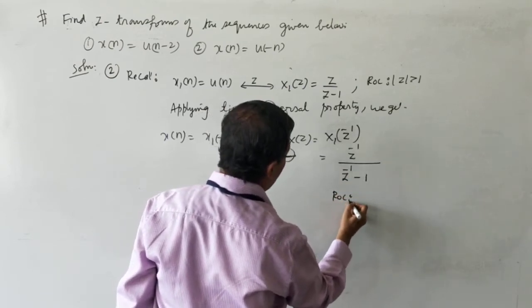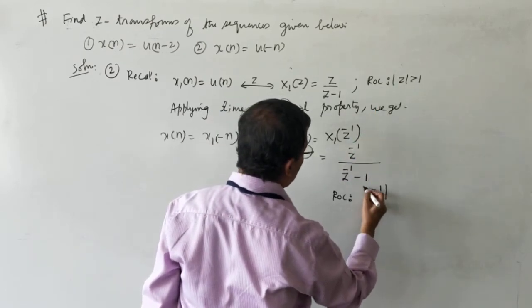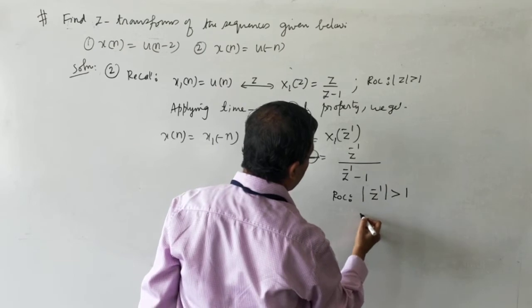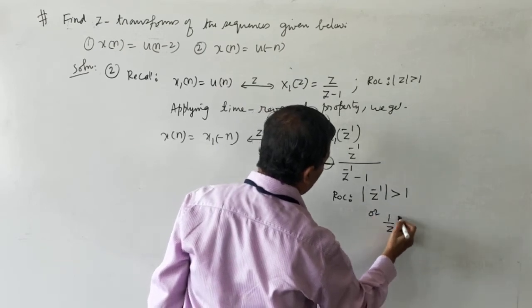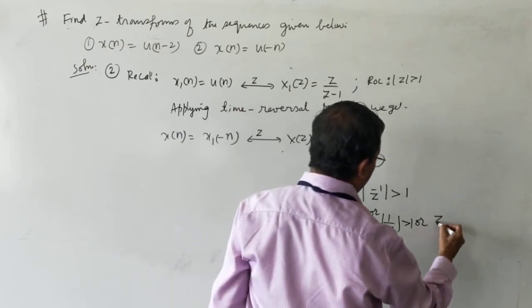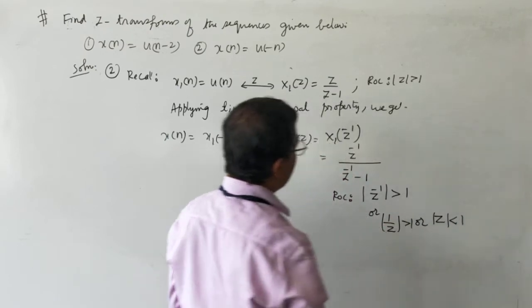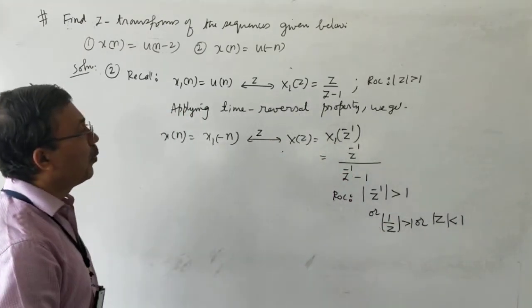In ROC also replace z by z to the power minus 1. Magnitude of z to the power minus 1 greater than 1, or modulus of 1 by z greater than 1. Take reciprocals on both sides. When you take reciprocals, this greater than becomes less than, mod z less than 1. This is how this problem is solved.